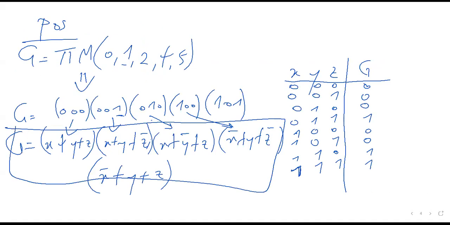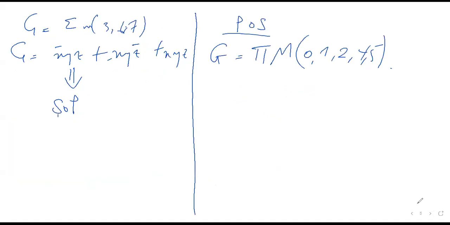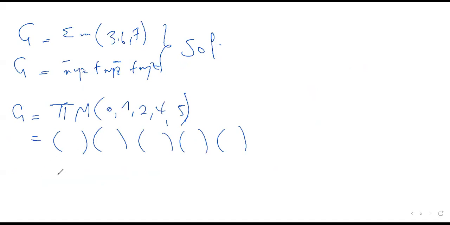Two forms of representing. This G here is the same as this G here. They are all the same, but with two forms of representation.